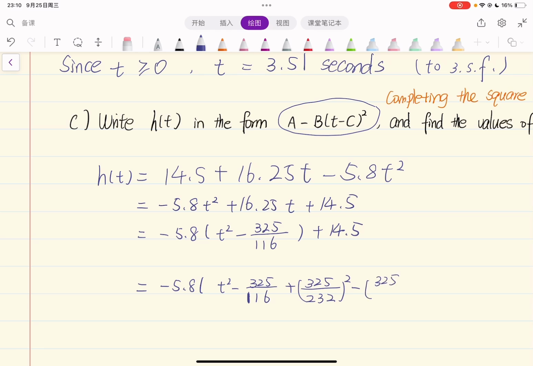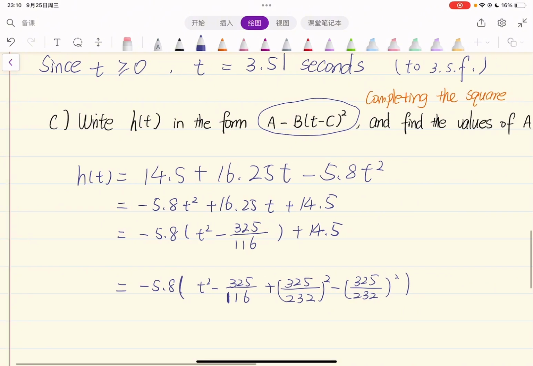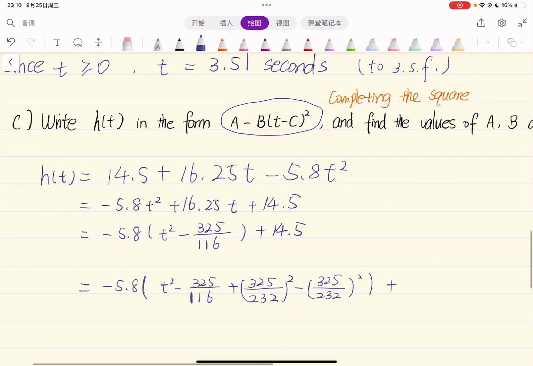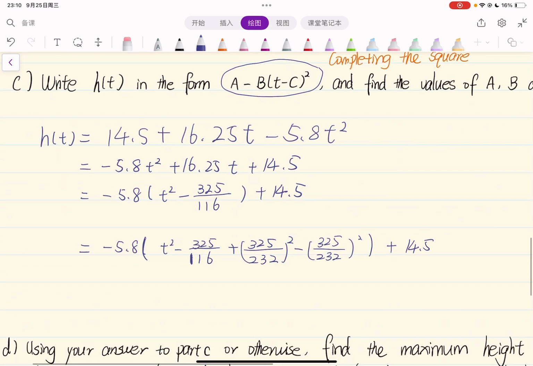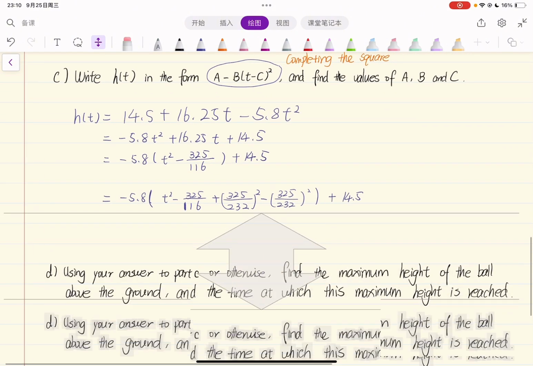Wow, huge number. And then plus 14.5. Let's move this away, I need more space.